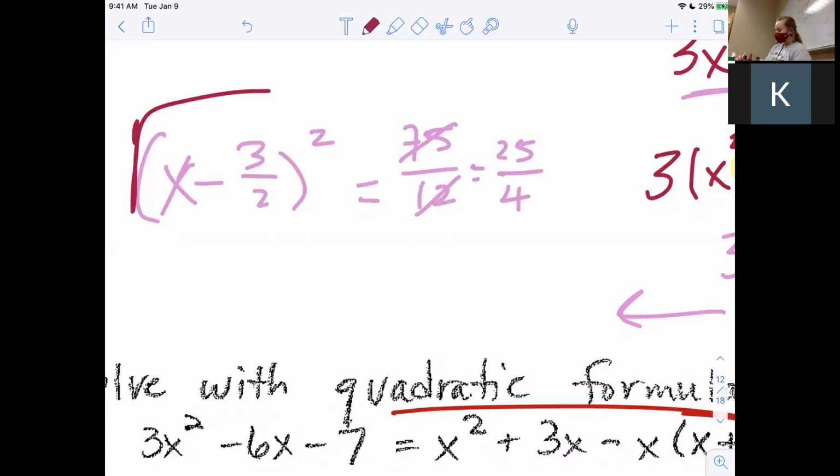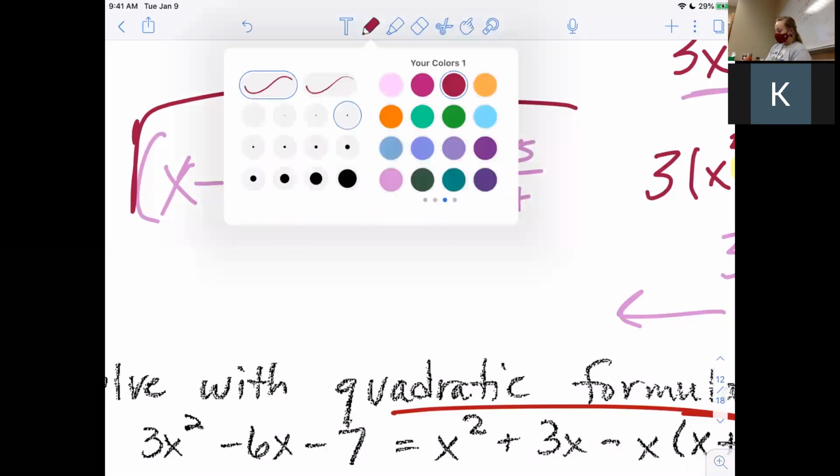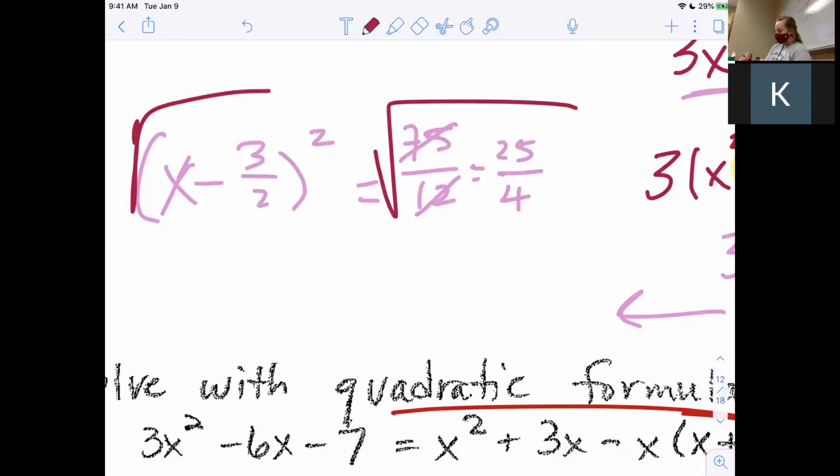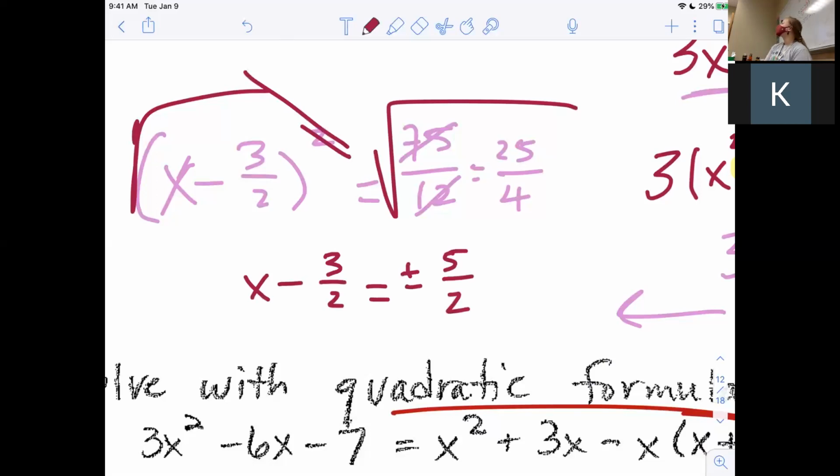And when you square root x minus 3 over 2 squared, then I'm just left with x minus 3 over 2. And if I square root 25 over 4, is 25 a perfect square? Is 4 a perfect square? I'm going to have a nice easy answer, plus or minus 5 over 2.